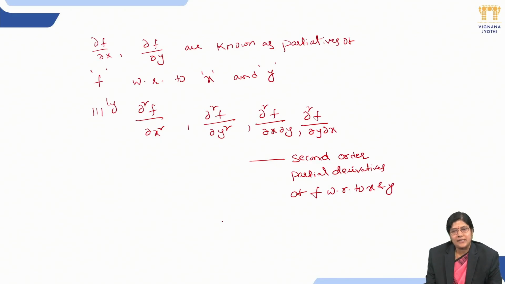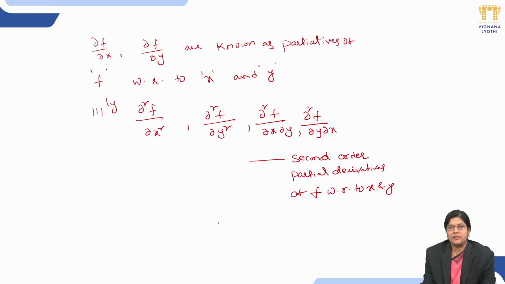Therefore, dou square f by dou x square, dou square f by dou y square, dou square f by dou x dou y, dou square f by dou y dou x are called second order partial derivatives of f with respect to x and y.